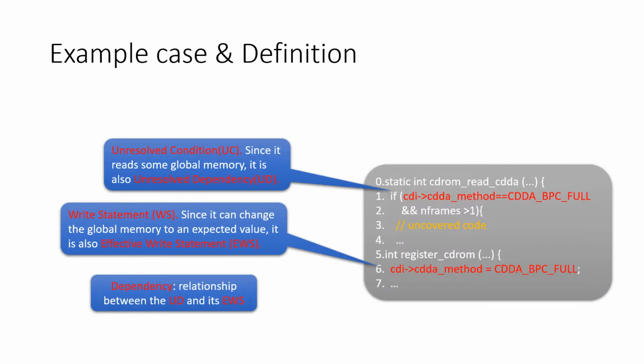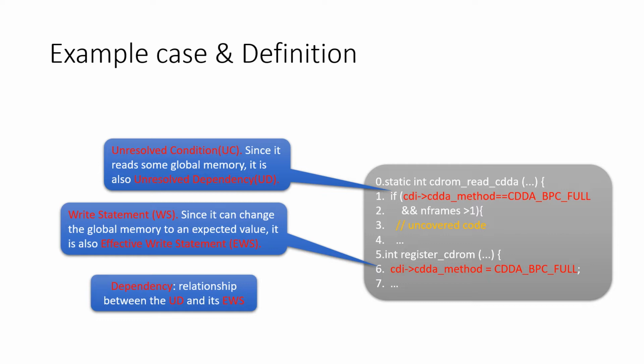Look at this example. The conditional at line 1 has one uncovered branch, so it belongs to unresolved condition. Since it reads a value from some global memory, which is the field cdda_method in cdi here, it also belongs to unresolved dependency.